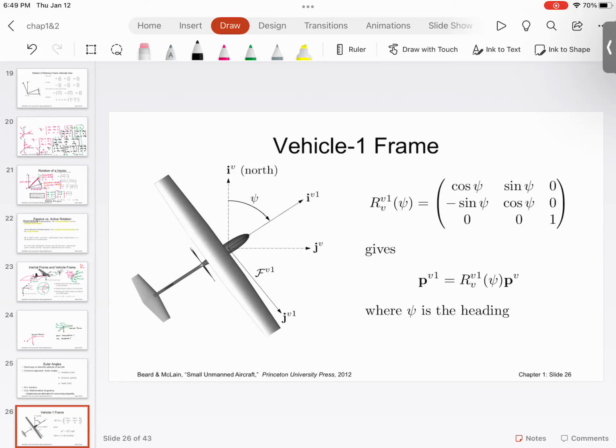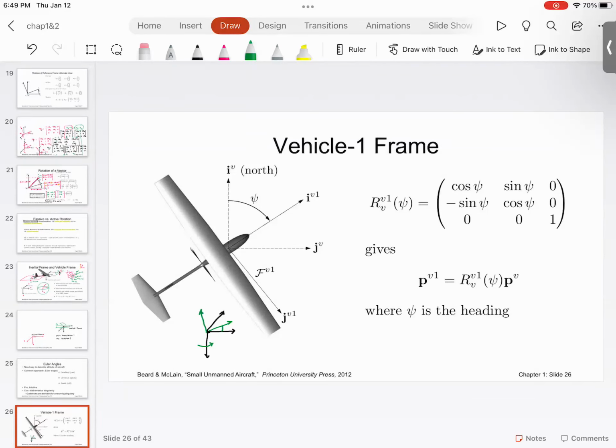So this is my vehicle frame, the aircraft yaws, and then I have this new coordinate frame.